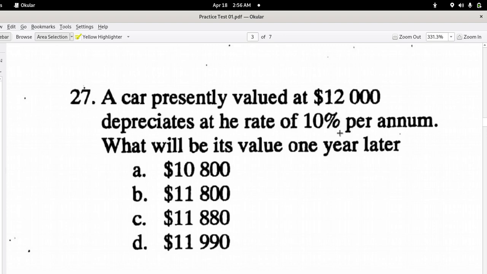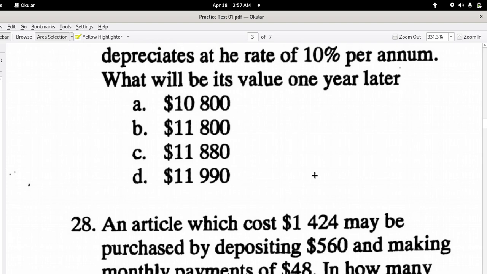Here, 10% per annum. It's going to drop 10%. You're going to drop 10% of $12,000. Right? Find 10% of $12,000, and then take 12,000 minus that amount of money, and you see what you get in that case.